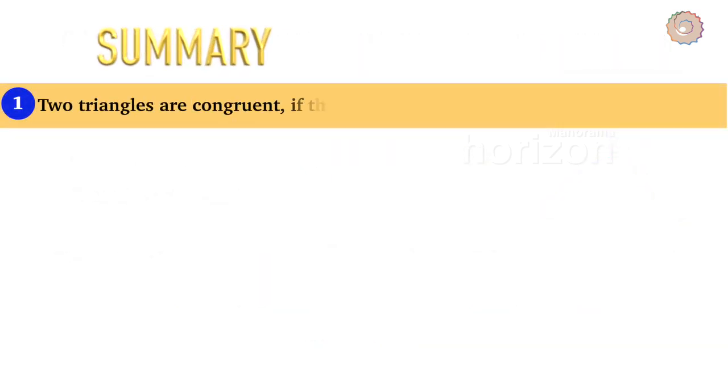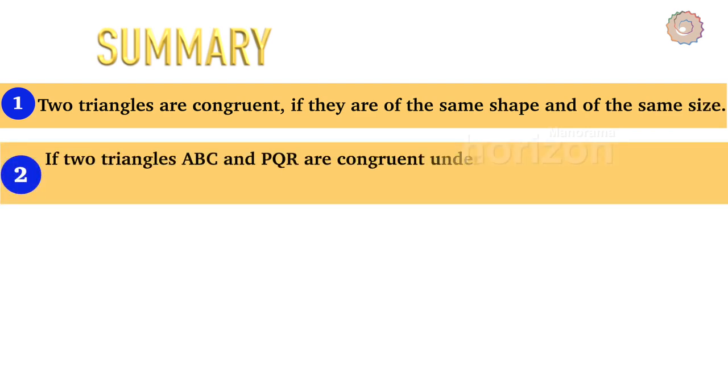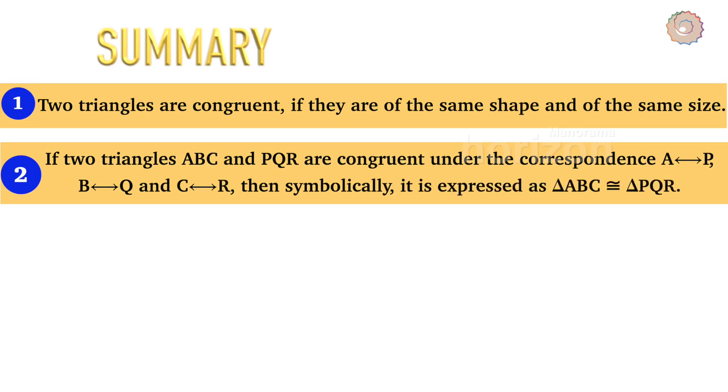Now, let us summarize the same. Two triangles are congruent if they are of the same shape and size. If two triangles ABC and PQR are congruent under the correspondence that A corresponds to P, B corresponds to Q and C corresponds to R, then symbolically it is expressed as triangle ABC is congruent to triangle PQR.